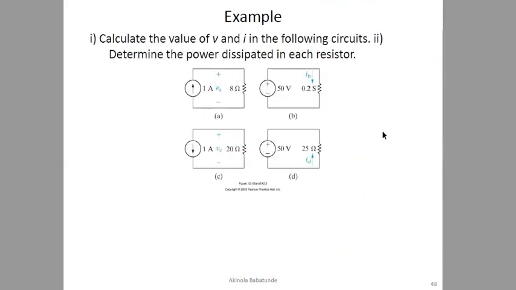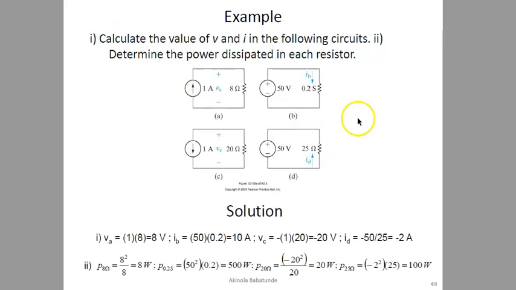Here is a simple example we can quickly look at. Calculate the value of voltage and current in the following circuits, and secondly, determine the power dissipated in each of the resistors. This is the first circuit. So what you will find out here, in the first circuit, is that we have our current.